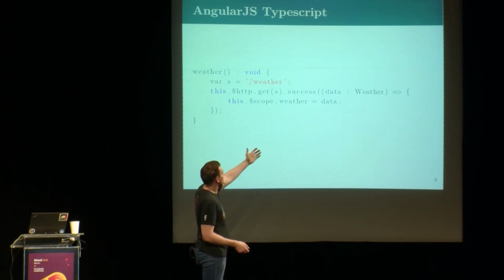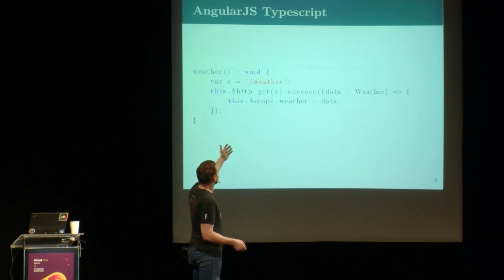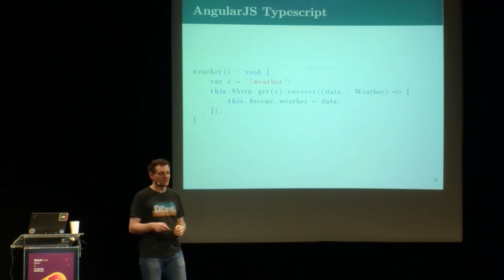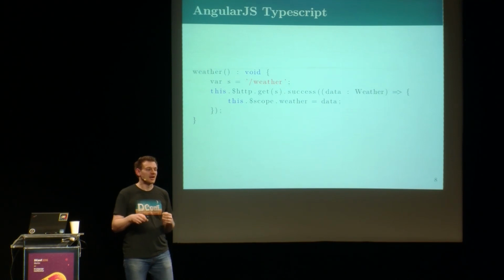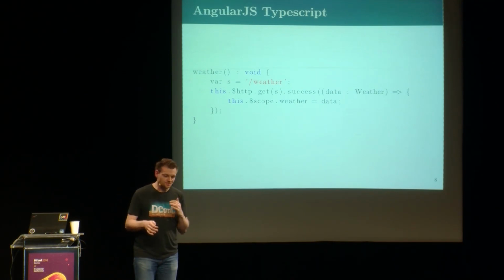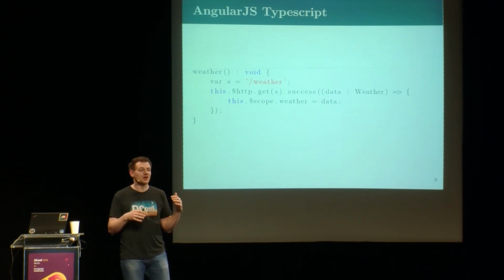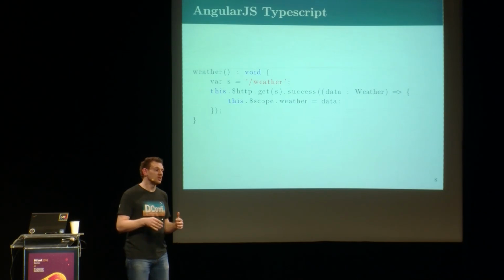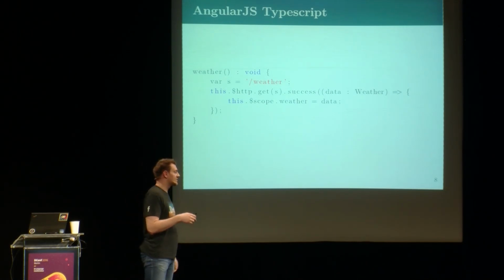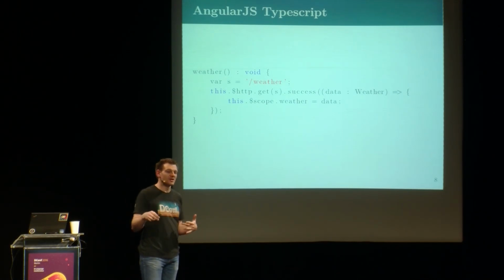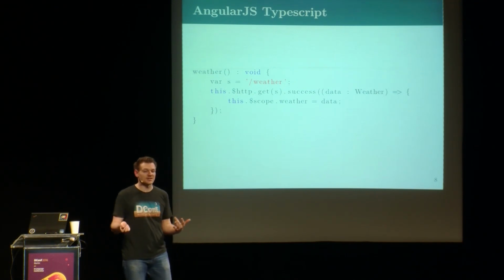So we get data back of type Weather, and we assign this to the scope. So basically what we now have is, as long as we keep the TypeScript interface of our Weather struct in sync with our D struct of type Weather, we know that whatever we access on the front-end part is there and is of the correct type.